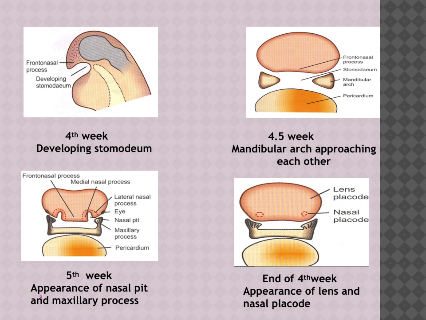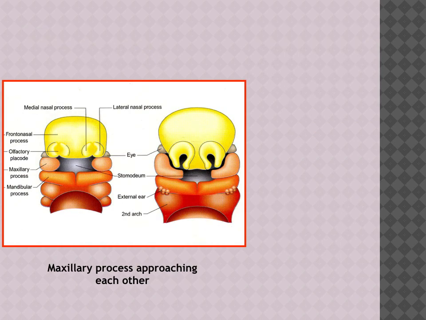And if you see your lens placode, it has turned into the eyes, which are lateral in position at this point of time. So as we proceed, you see fusion of various processes happening. The maxillary processes are also growing towards each other. You see a depression being formed between a medial and lateral nasal process. Thus, it is leading to the formation of your future nose.